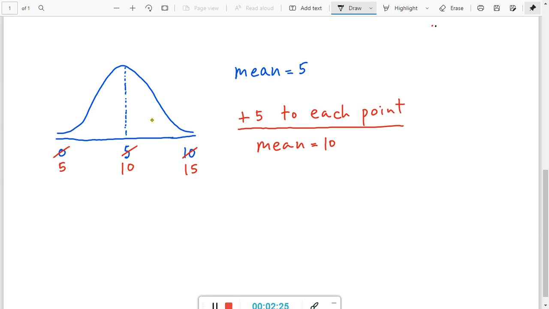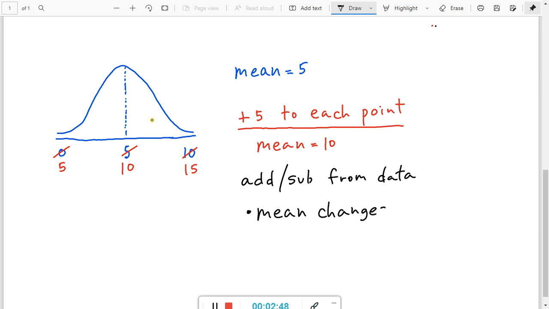So we can say that if you add or subtract from the data, the mean changes, and the standard deviation has no change.